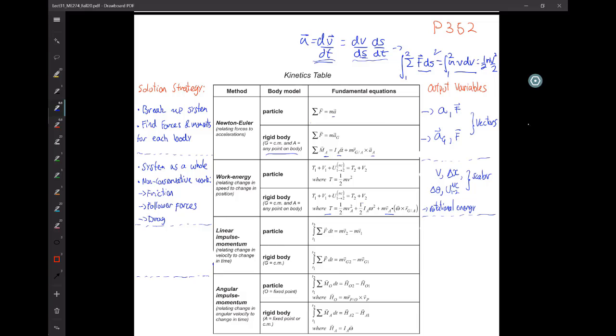The same reason applies to linear impulse momentum and angular impulse momentum. We look at the system as a whole because of the conservation principle. And that's how you do your budget in and out. When you can conserve things, you only look at what enters and what's leaving, and then whatever is inside needs to be conserved.